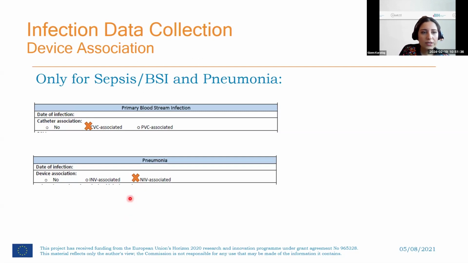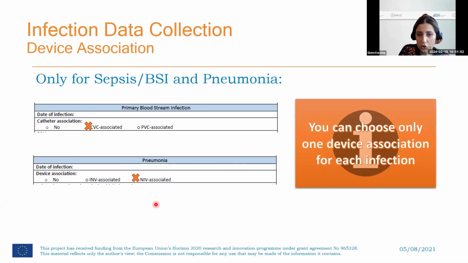First of all, we have catheters that can be associated to sepsis / bloodstream infections, and we have respiratory support devices that can be associated with pneumonias. You can only choose one device per infection. So a sepsis can either be CVC associated or PVC associated, not both. And the same applies to pneumonia.